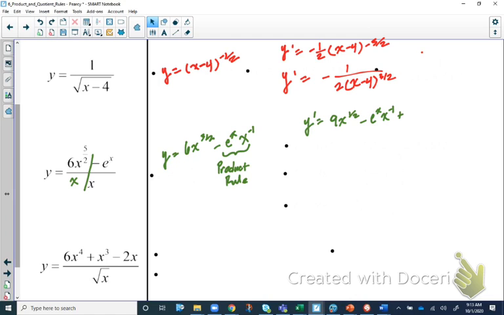So now we take the first part and we just leave it alone, but it's still just e to the x, and then we take the derivative of the second part, which would be a negative 1, basically, times negative 1. Oh, no. I'm lying to you here. That would be times negative x to the negative 2 power.